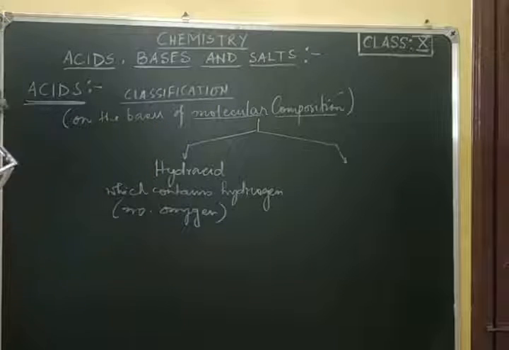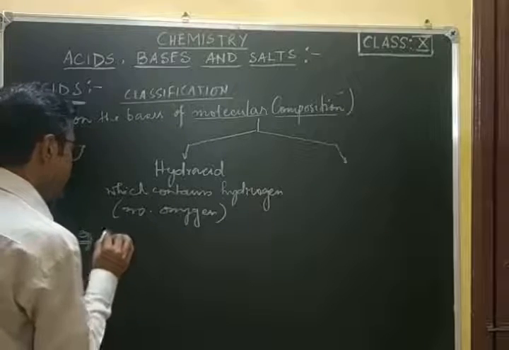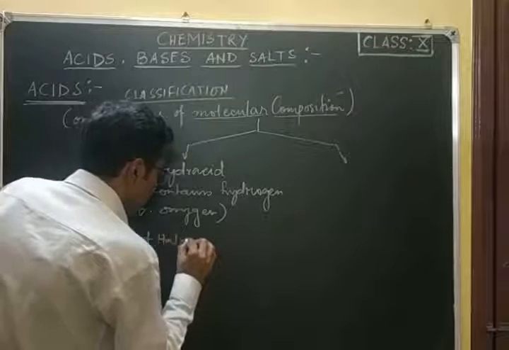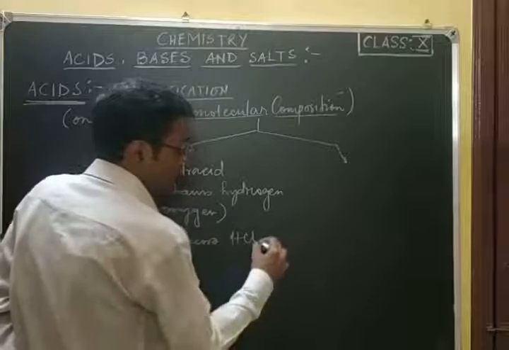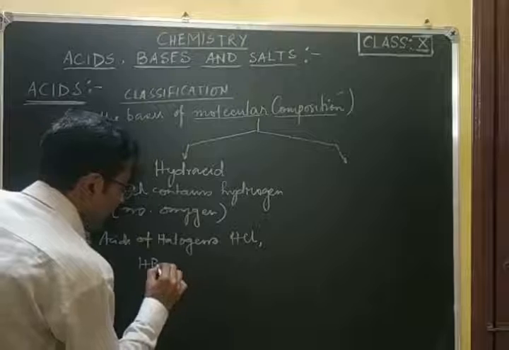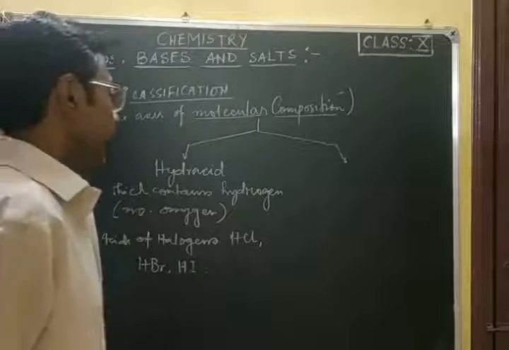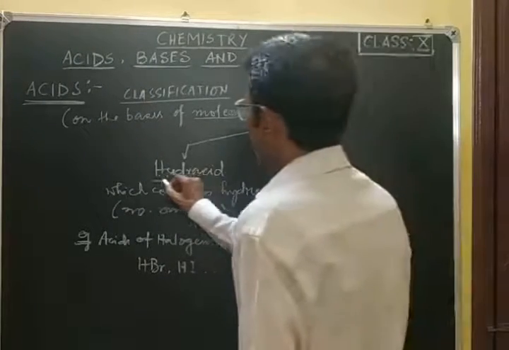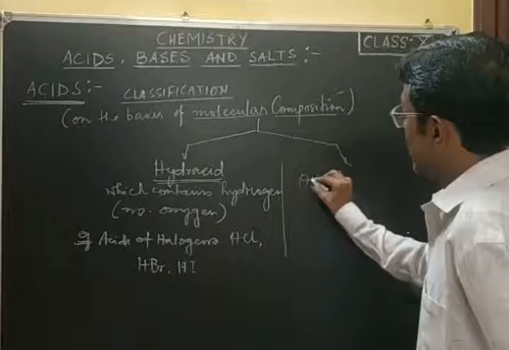And we can give examples of hydracids, say HCl, all the halogen acids. Remember, the acids of halogens, examples are hydrochloric acid, hydrobromic acid, hydrogen bromide, hydroiodic acid. All of them you can see contain no oxygen. That's why they are called hydracids. And the next category is oxyacids.